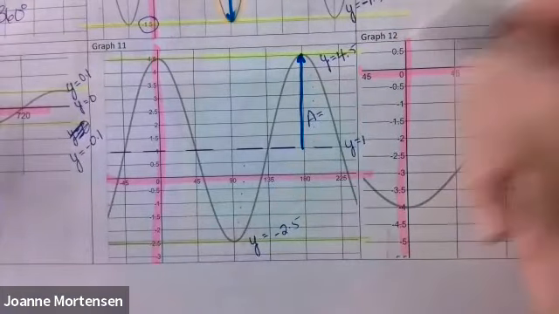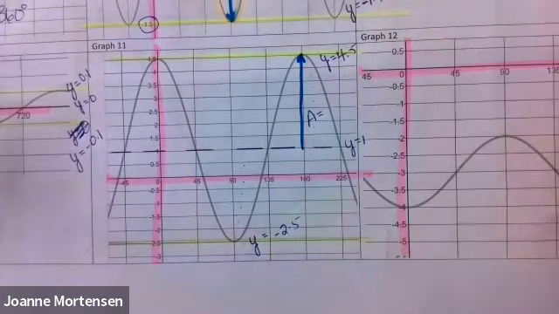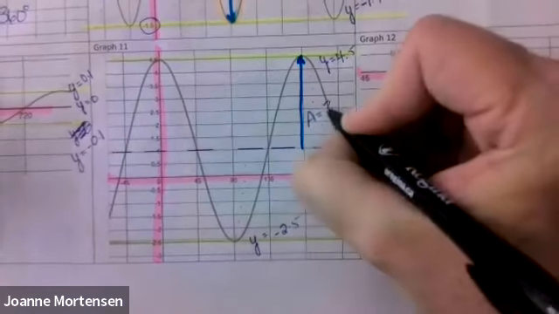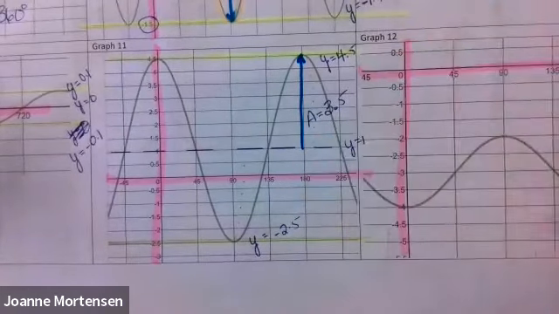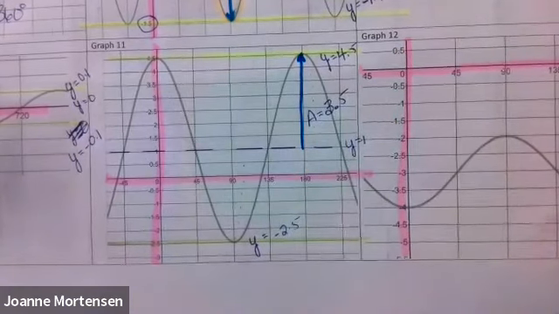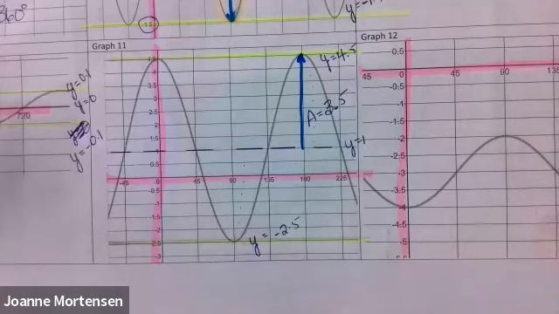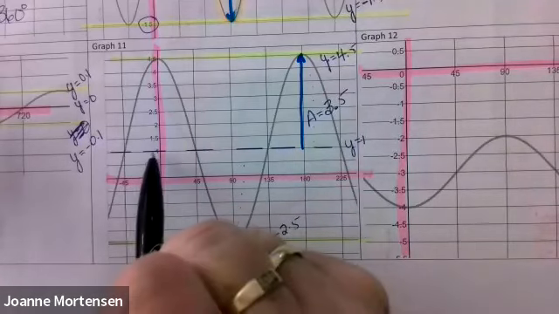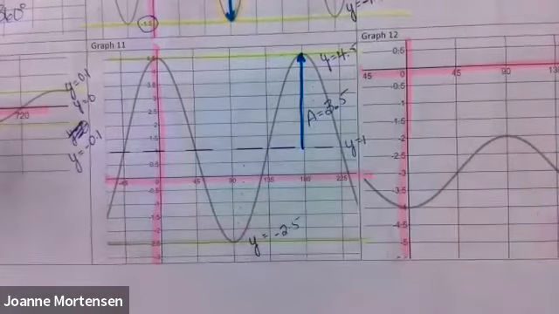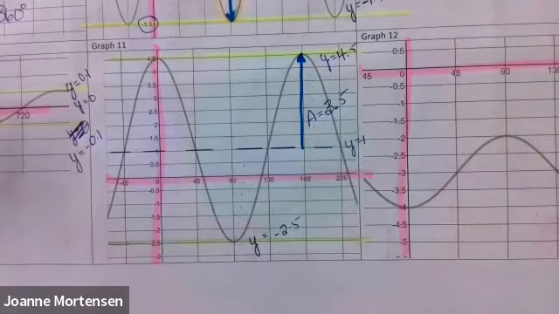Close. Abby? Well, that's 4.5 and this is 1, so that should be about 3.5. Or you can see that each one of the boxes represents a half, and there were 7 boxes. So that's going to be 3.5.